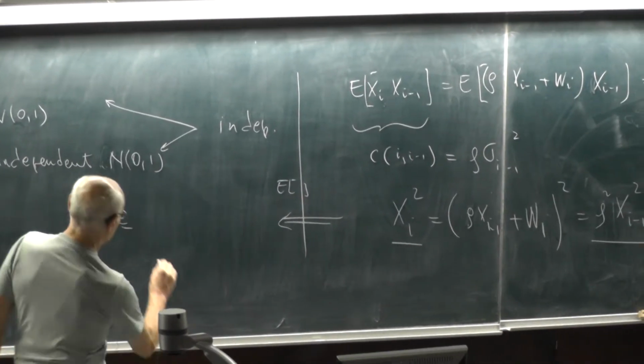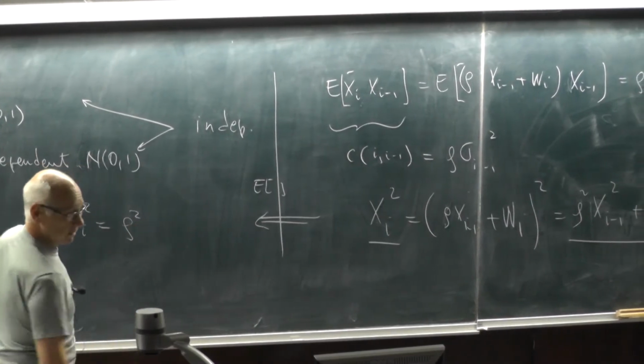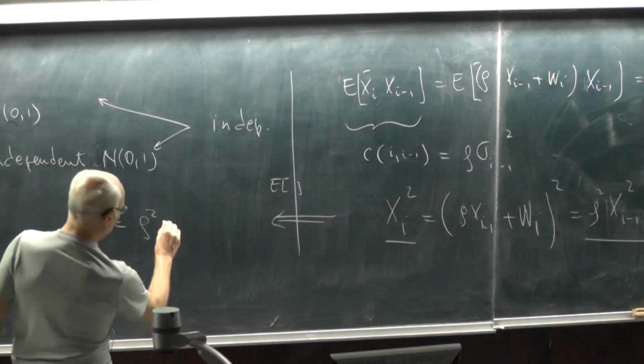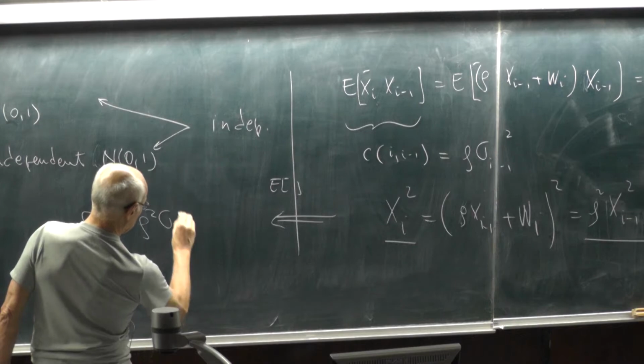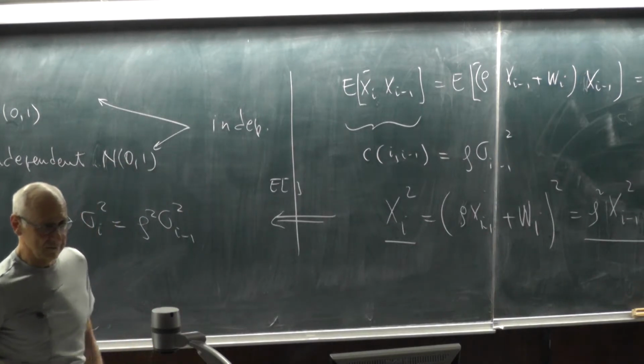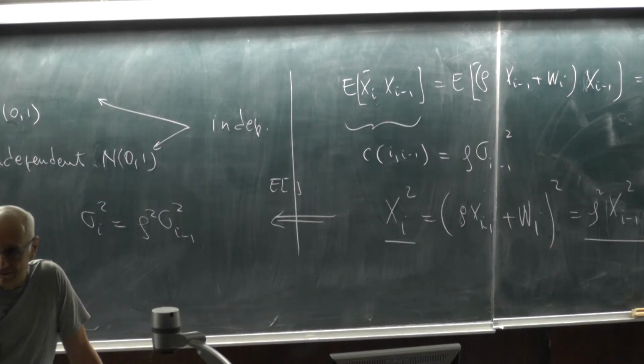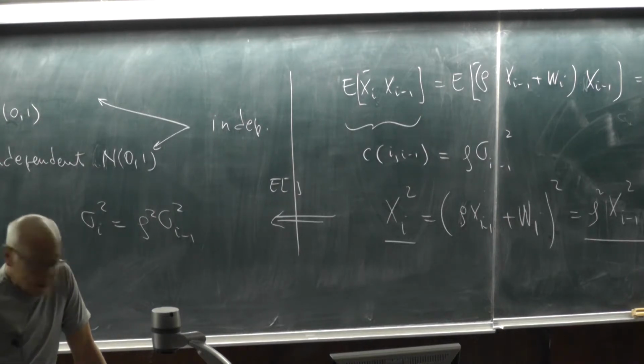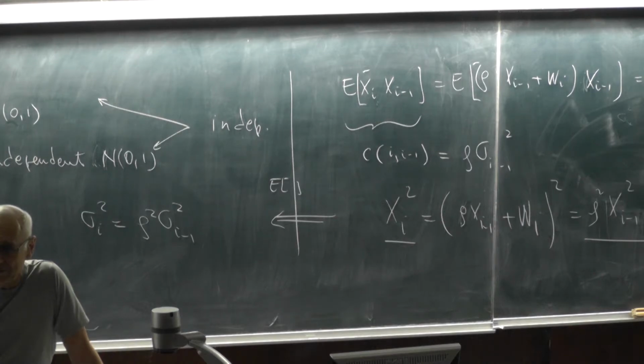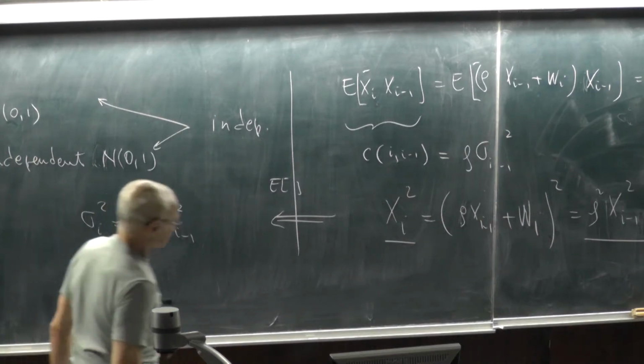It's equal to rho squared sigma_{i-1} squared. That's the first term. What would be the second term? We looked at it before. It is 0, wasn't it written up there? And then the expectation of W_i squared is 1.